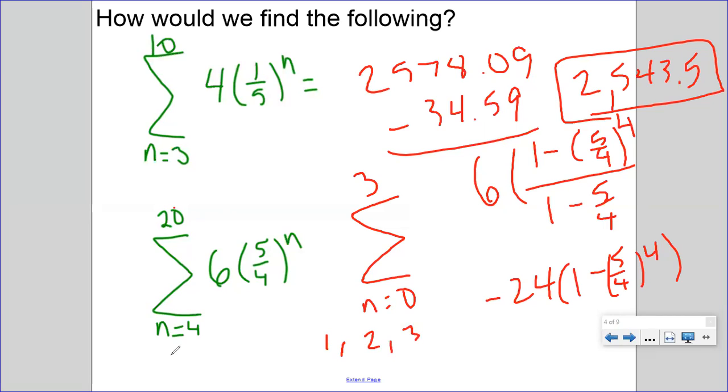And I could also just do that by hand, right? I'd get 30 over 4, comma 150 over 16, comma another large number over 64. And I could have just subtracted those manually, though that's easy for me to subtract, so that's why I did it that way.